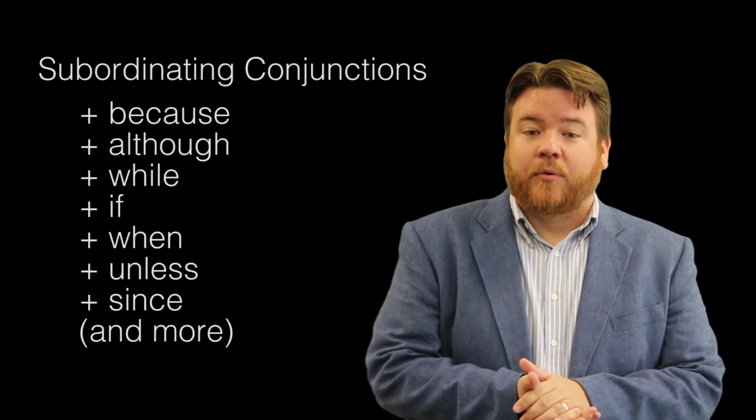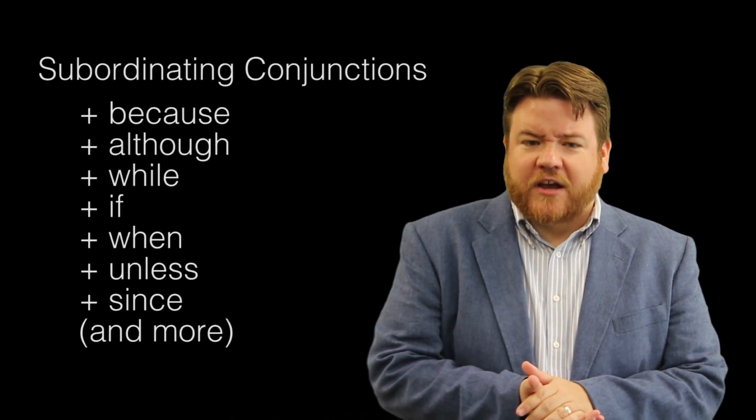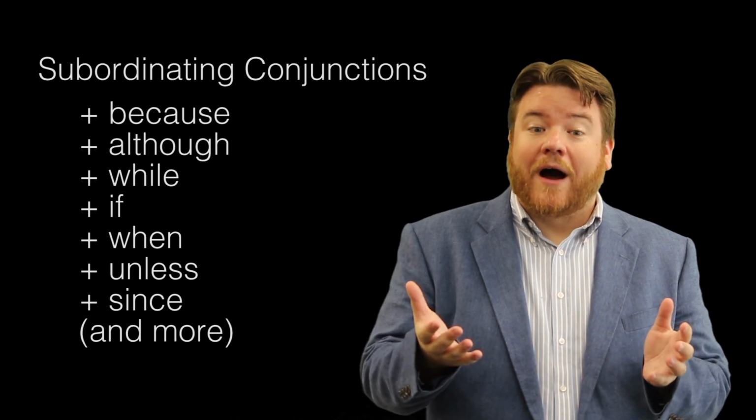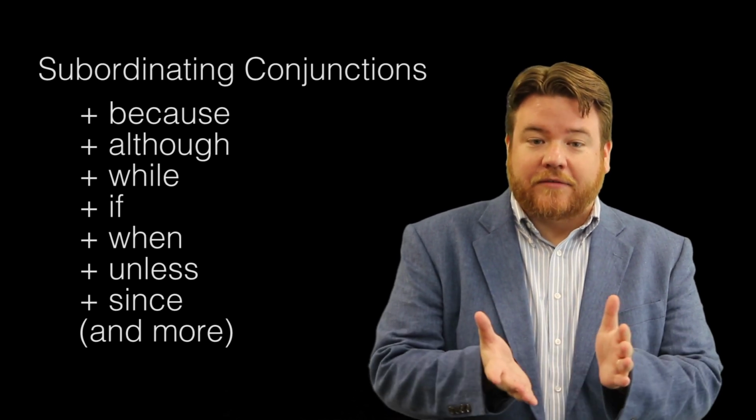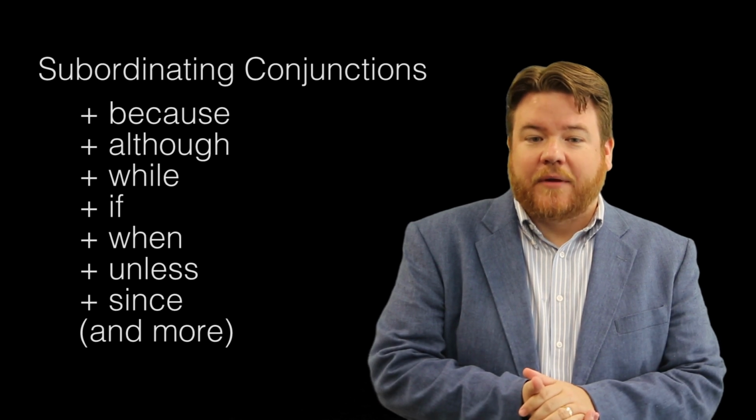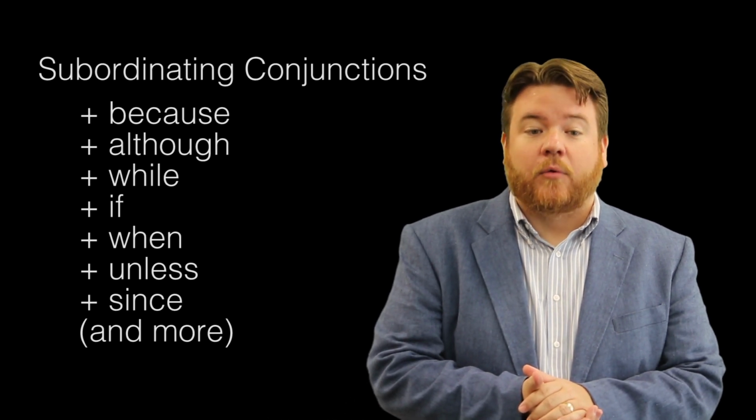Subordination will add a level of diversity to your sentences, making them more interesting and less repetitive. A clause is subordinate if it contains a subordinating conjunction. Words such as because, although, while, if, when, unless, and since are extremely common in both everyday speech and college-level writing.